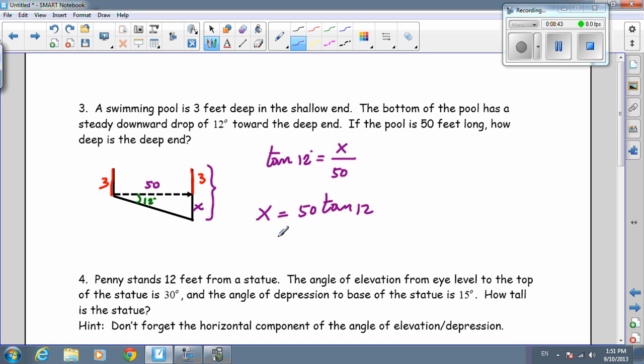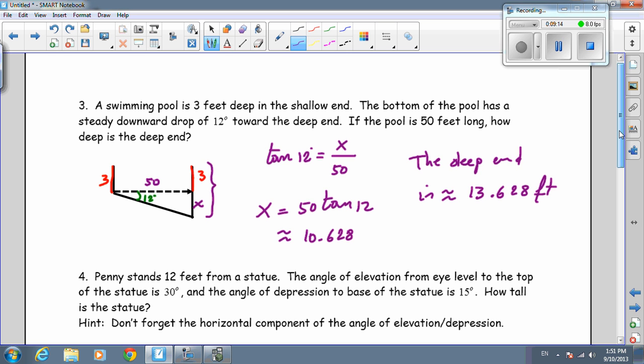And 50 times the tangent of 12 degrees will give you approximately 10.628. So this 10.628, I will go ahead and add 3 to say that the deep end is approximately 13.628 feet. This was a straightforward problem.